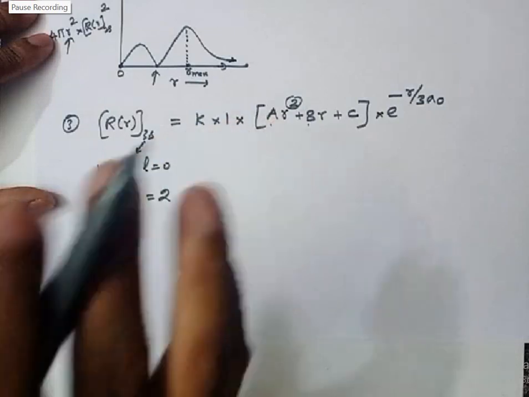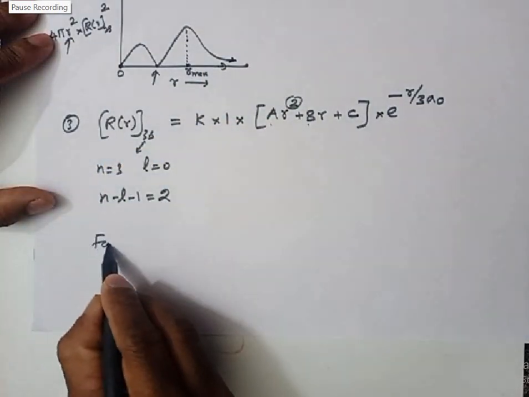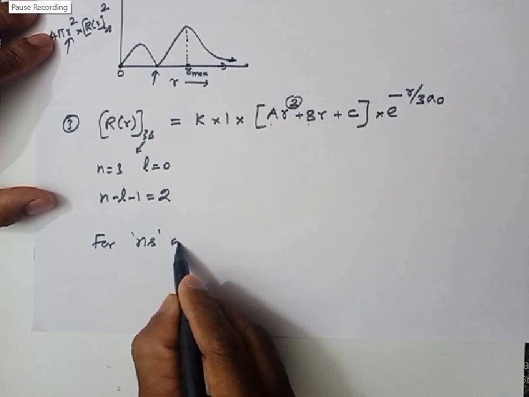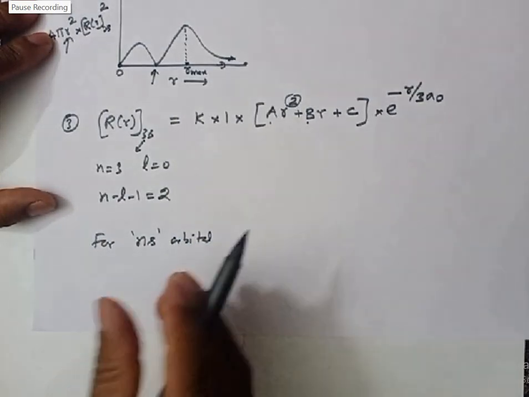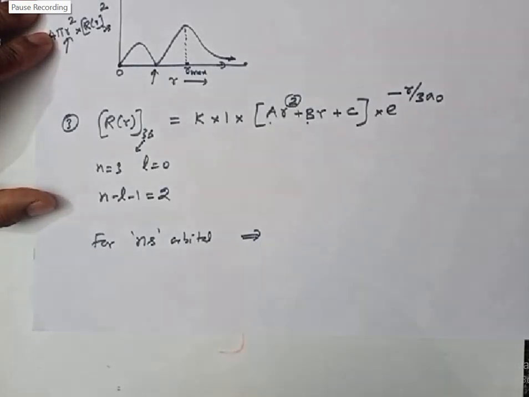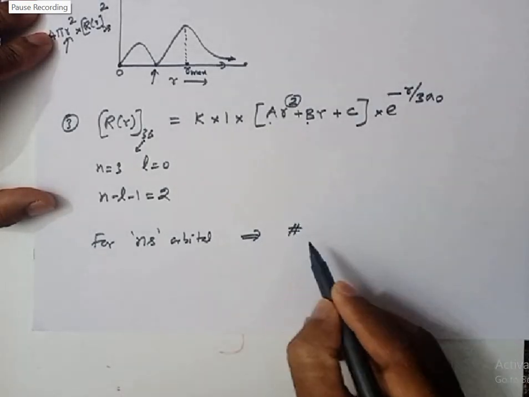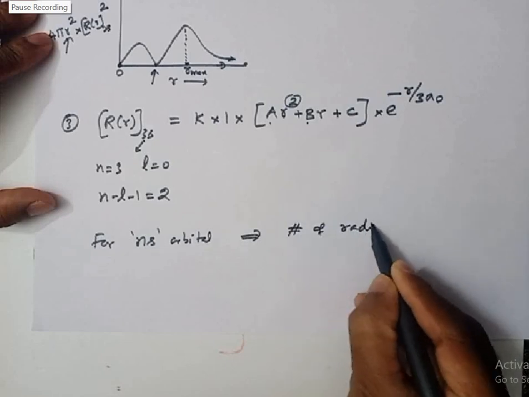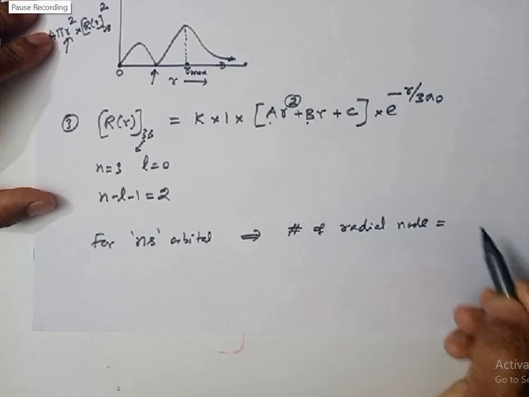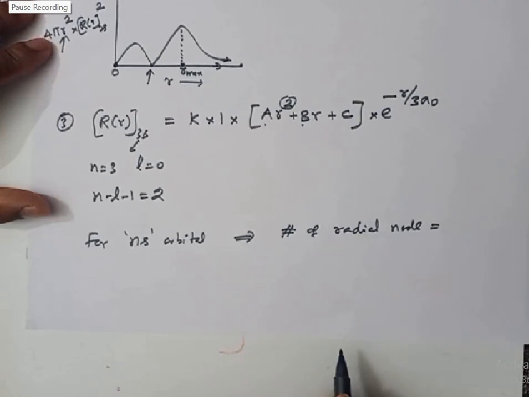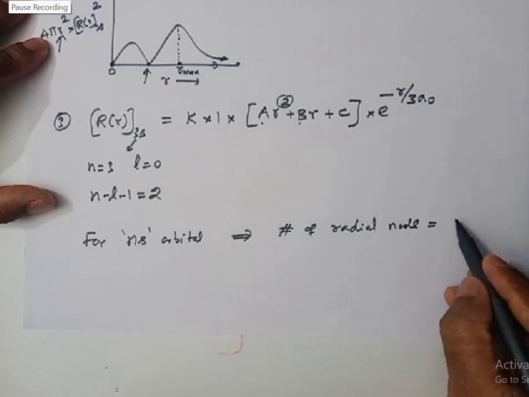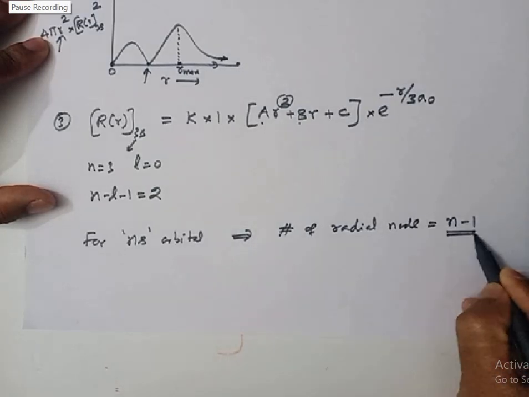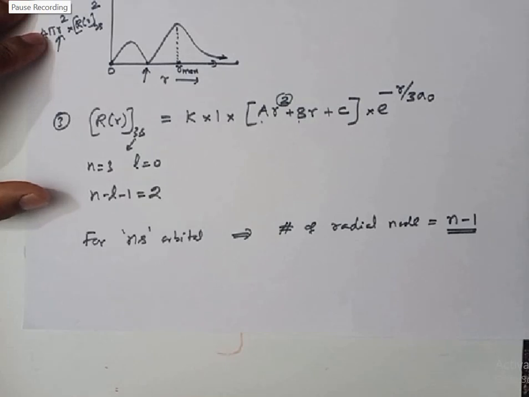As far as s orbital is concerned, for ns orbital or ns subshell, for any s orbital, number of radial nodes, how many radial nodes? The general formula is this, n minus 1. This is the number of radial nodes formula for any ns orbital.